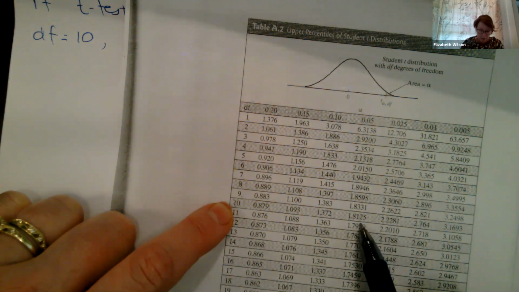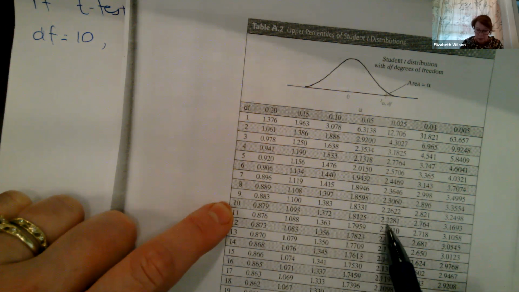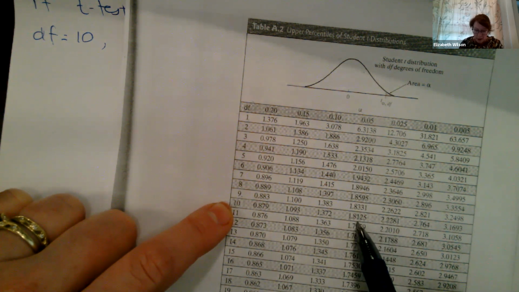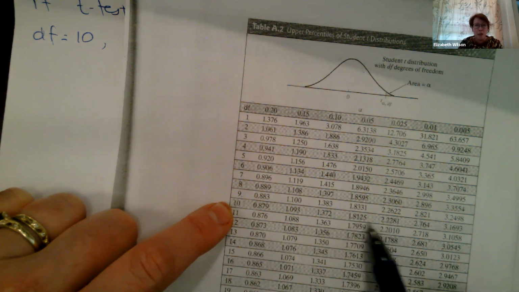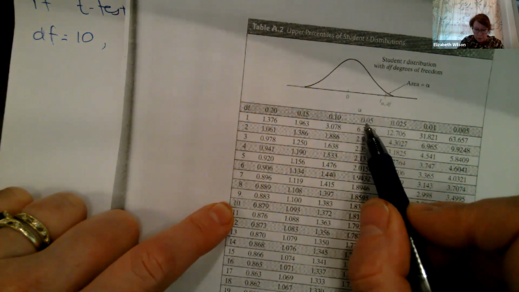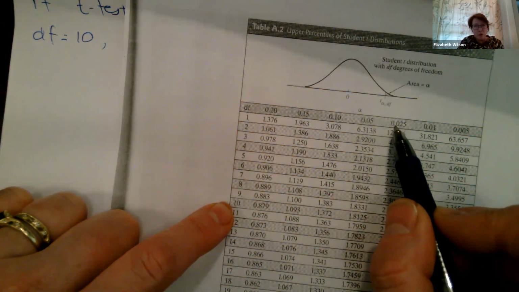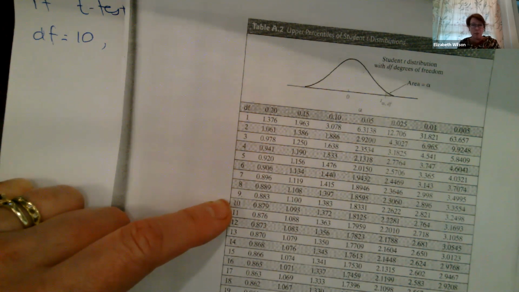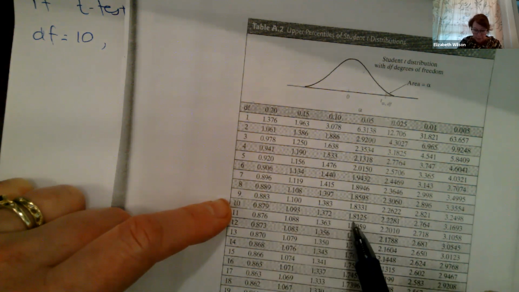So it's between 1.81 and 2.2, but I need 2.056. These are t-values now, remember. So my t-value is somewhere in between these two values here, which correspond to an alpha of 0.05 and 0.025. So we no longer have a definite value for our p-value to compare with. I have a range of values for our p-value. Let's write that down.